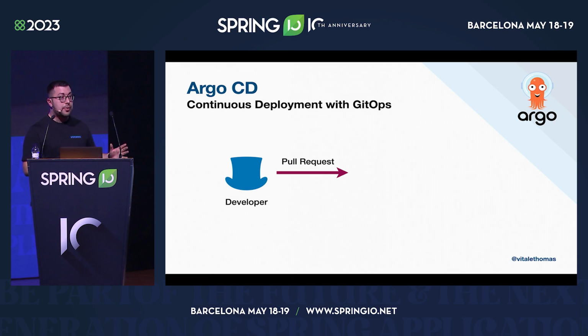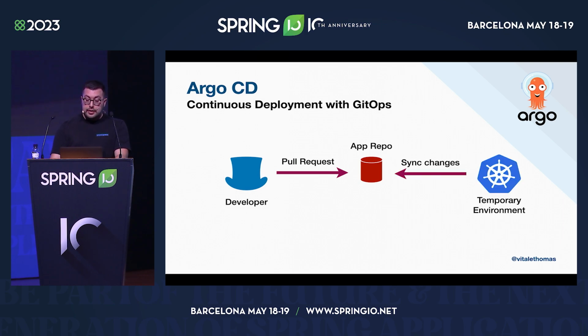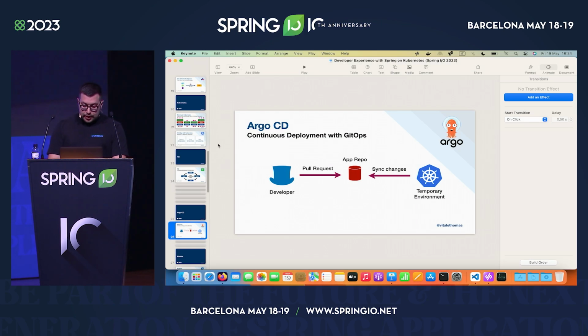So as a developer, I open a pull request, I push it to the application repository, and then this temporary environment is created by Argo CD, which will keep it in sync with the changes. So if I make changes to the pull request, then the environment is also kept in sync, so updated automatically, until I have finished working on the pull request. So let's have a look at that.